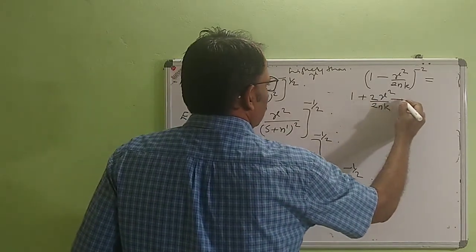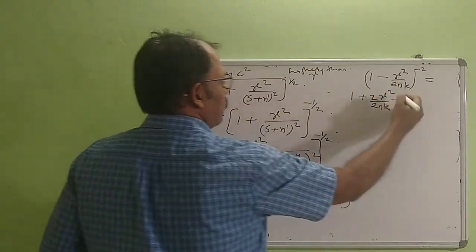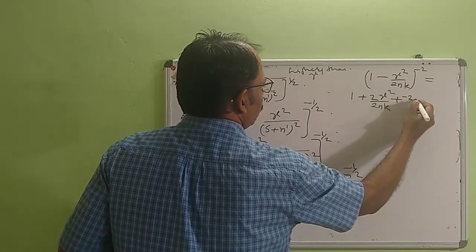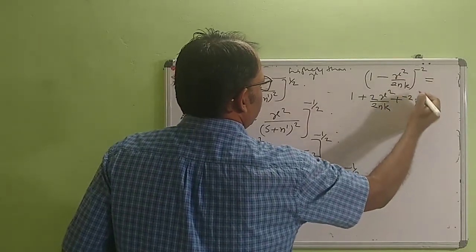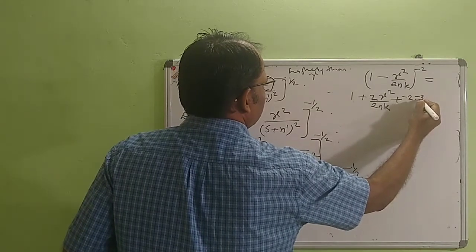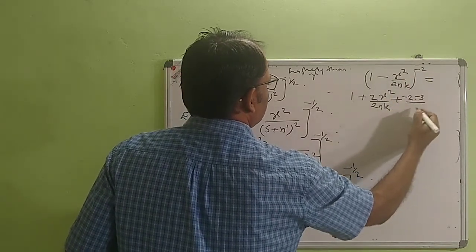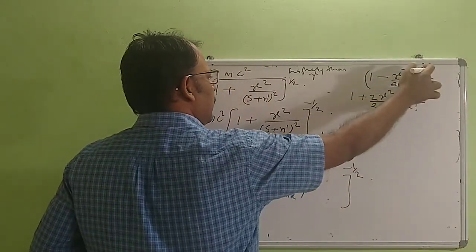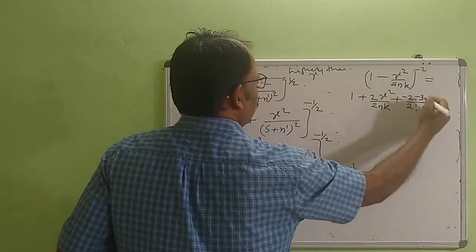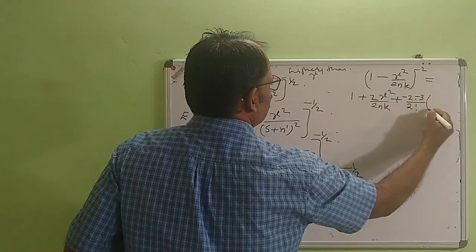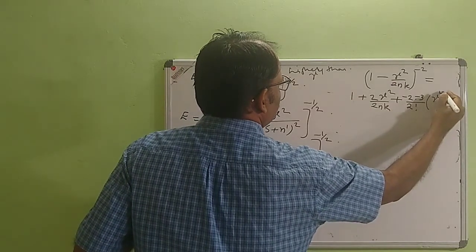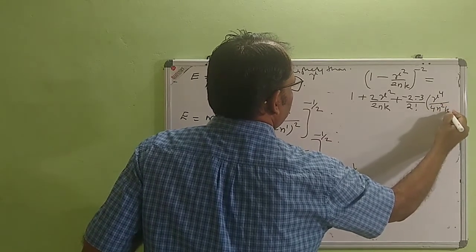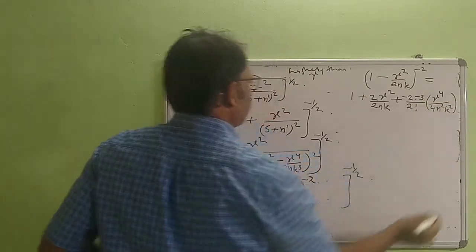Now plus n into n minus 1, minus 2 into minus 2 minus 1, so it is minus 3, n into n minus 1 by 2 factorial. N minus 2, then minus 1, minus 3 by 2 factorial into x square, square of this one, gamma raised to 4 by 4 n square k square, neglecting higher terms.